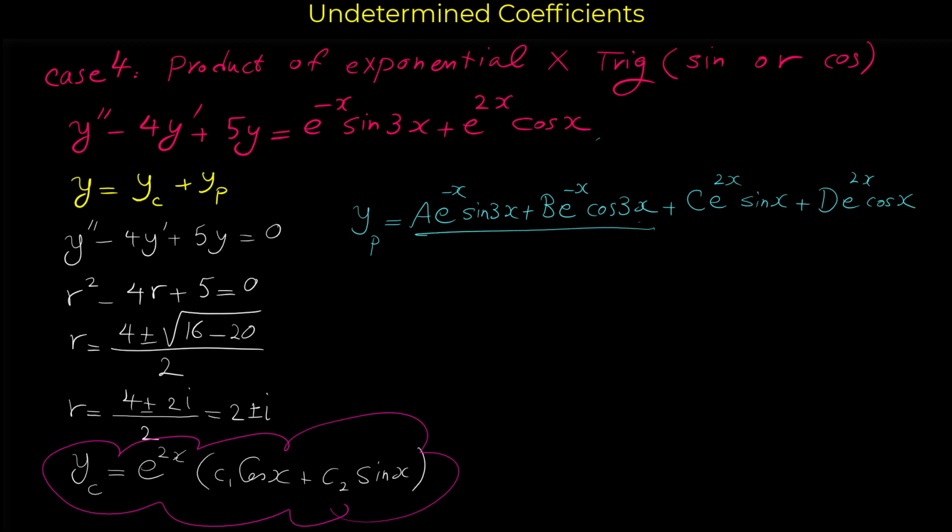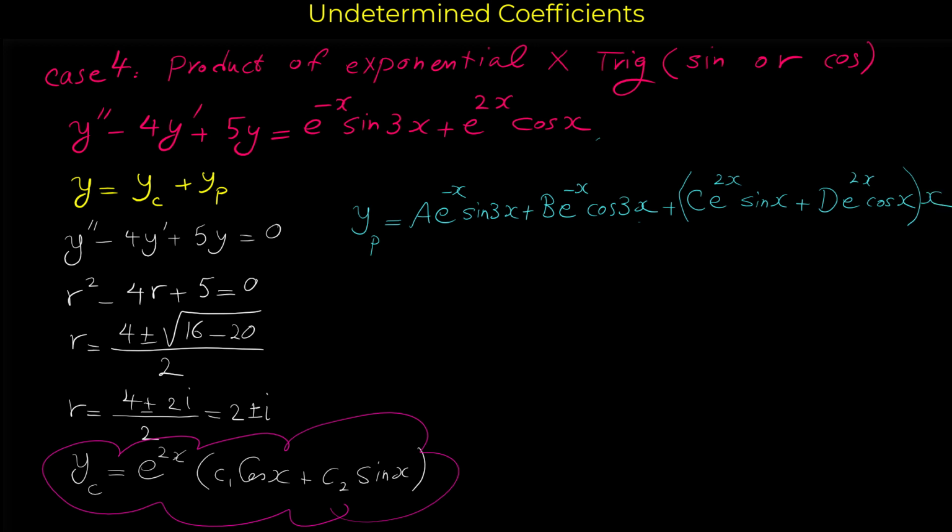So this part of the particular solution is correct, but because e to the 2x sine of x and e to the 2x cosine of x are repeated here, because if you multiply this out in the bracket, we have e to the 2x cosine x and e to the 2x sine of x, so because these are repeated in the complementary solution, we have to multiply this part by x.